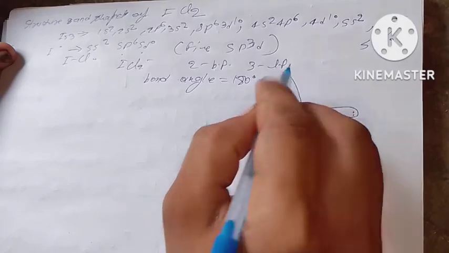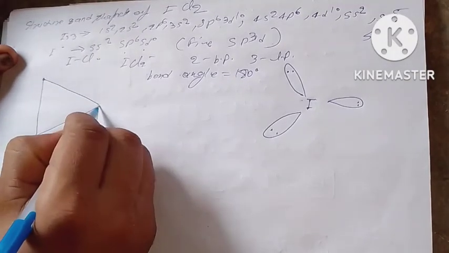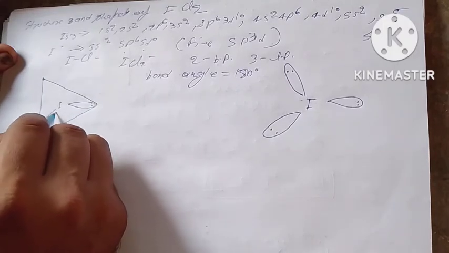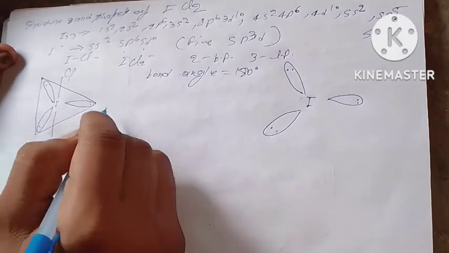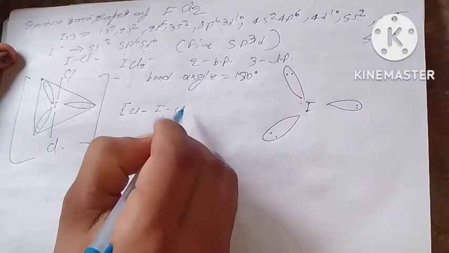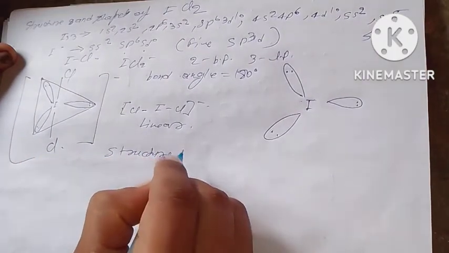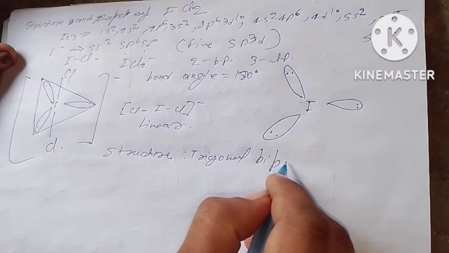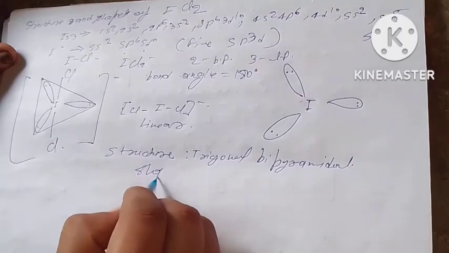These are chlorine atoms, and the ion has a negative charge. The structure is trigonal bipyramidal, and the shape is linear.